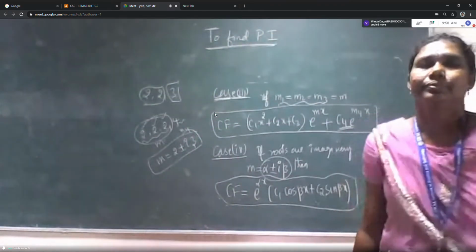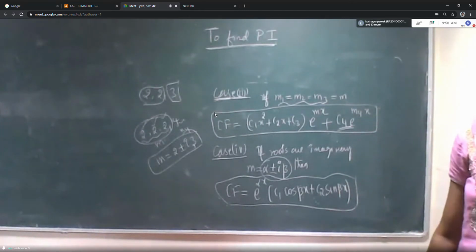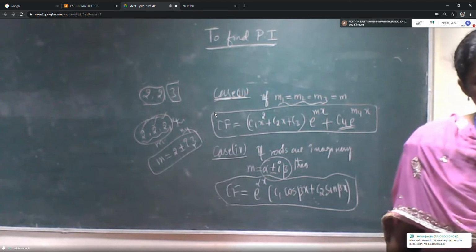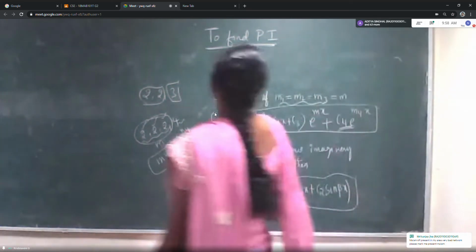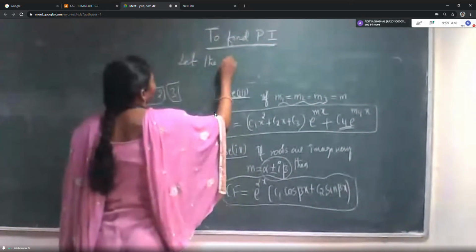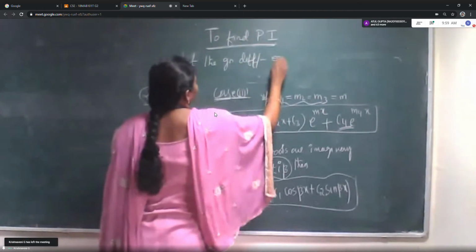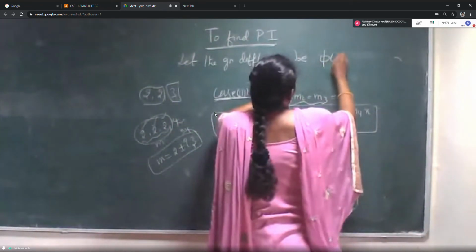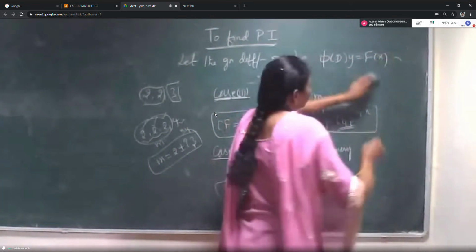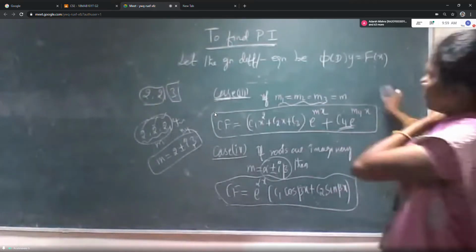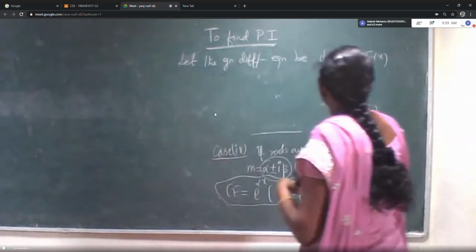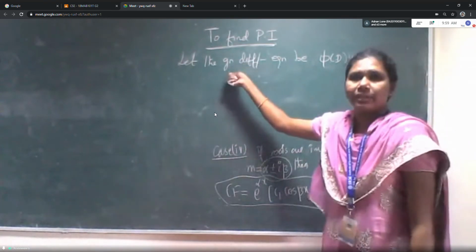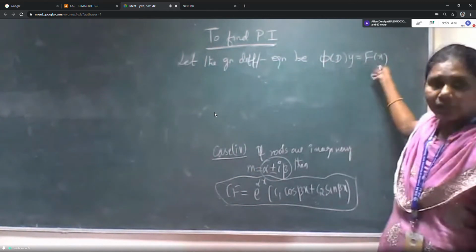To find PI, let the given differential equation be phi of D into y equal to f of x.